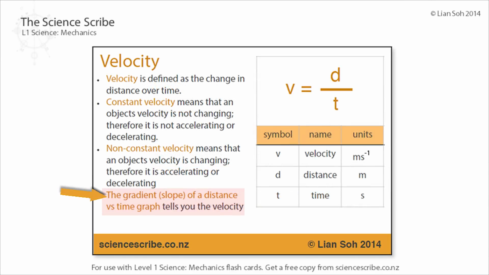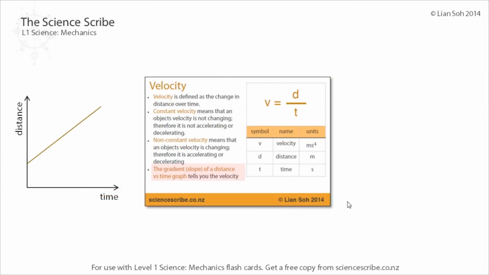Now if we look at a distance versus time graph, the slope, the steepness, the gradient tells you the velocity. So here's a distance-time graph. Here's a straight line plot. If I wanted to work out the steepness, in math you may have come across using a formula called gradient equals rise over run. The rise component is the vertical axis, which refers to distance.